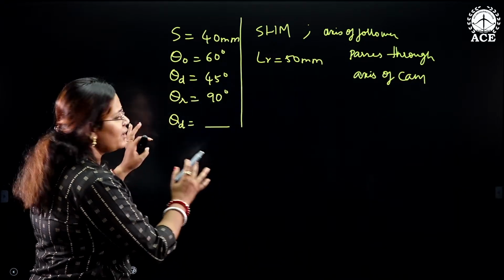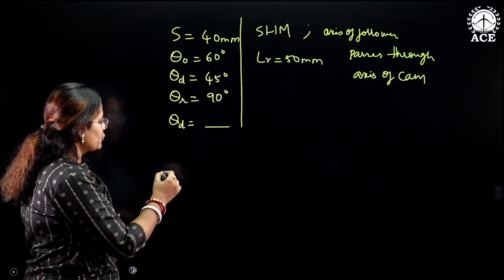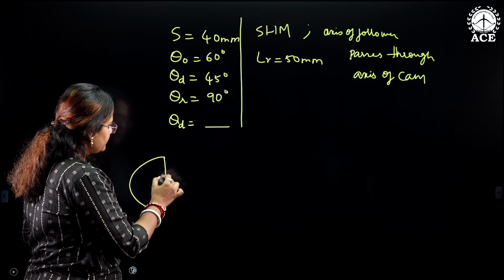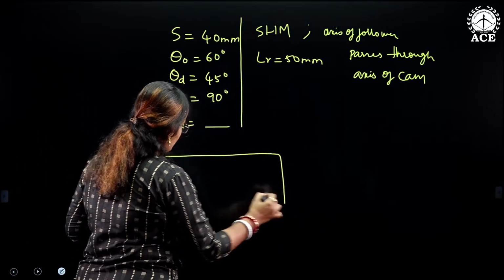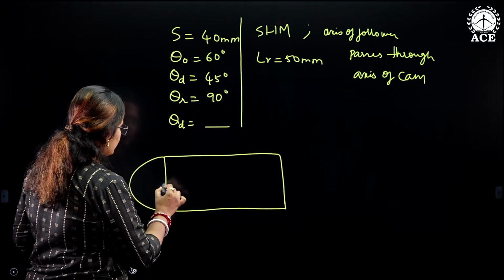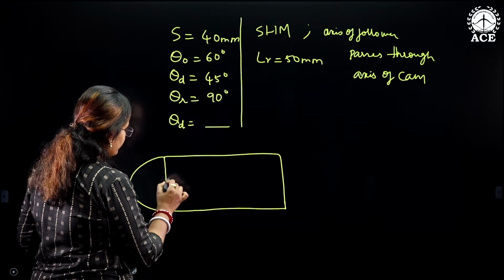So here, the same way as we have drawn just before, we will draw the SHM kind of displacement diagram just like this. Since I have discussed this just now, right now I am not going into detail.